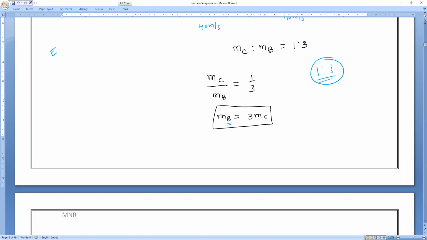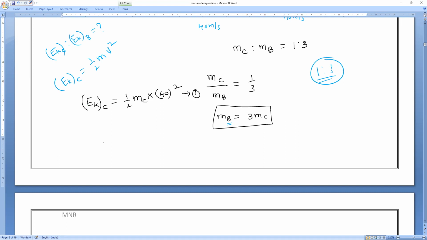They're asking the kinetic energy of the car is to the kinetic energy of the bus is how much? Let us take the kinetic energy of the car first. What is the formula? Half m v square. Velocities remain the same. So kinetic energy of a car is half into mass of a car into velocity of a car squared, which is 40 square.